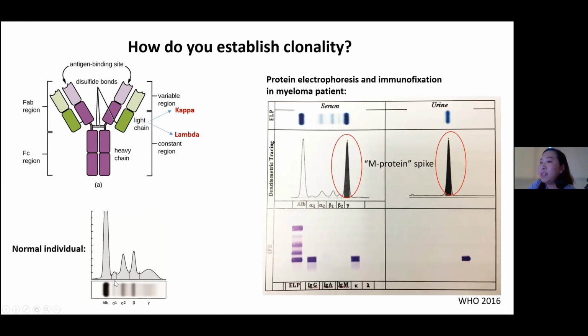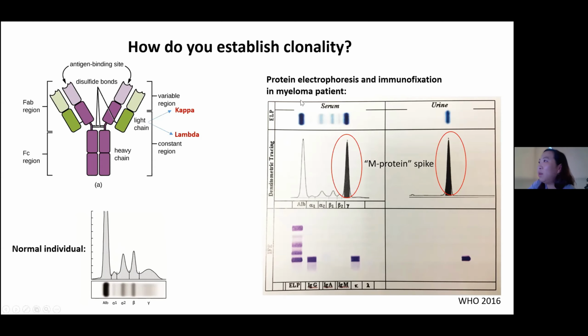And in a normal individual, because they produce all kinds of proteins and all types of different immunoglobulins, there's a smear, right? The first peak here is albumin, and then in the gamma globulin region, there's more of a smear, or a hill pattern.